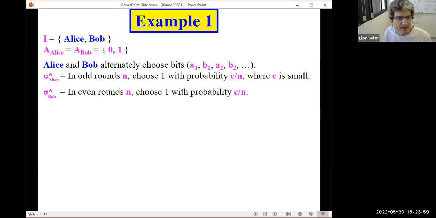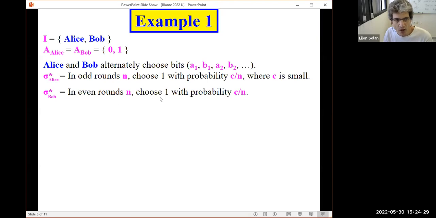Now suppose that the sigma star of Alice is as follows. In round n, she chooses the bit 1 with probability C over n, where C is some fixed small number. So she chooses 1 with a low probability that gets lower and lower as the game goes on. And similarly for Bob, Bob uses the same strategy.